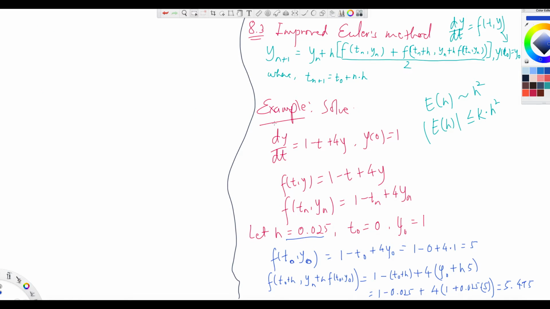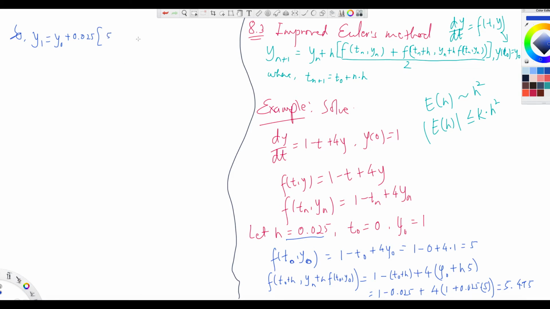So y1 is equal to, you just use that formula. What will be y1? You take n equals 0 in the formula, right? So you will get y0 plus h, which is 0.025, times the bracket. What is f of t0 y0? You got 5.